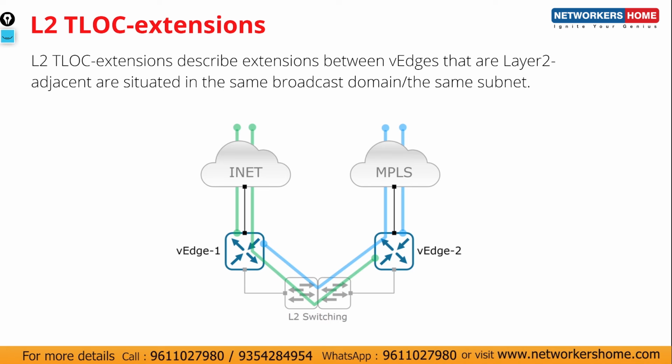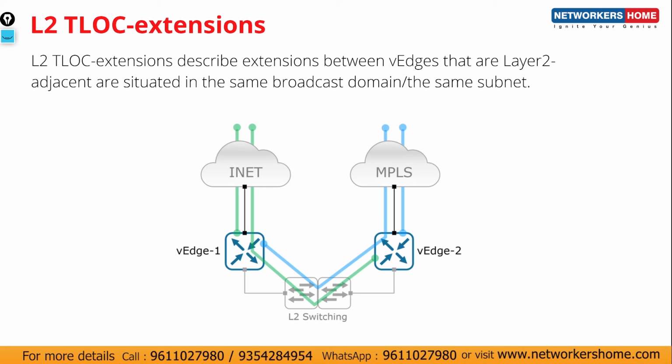They should be on the same L2 segment, which means there should not be a layer 3 device between them. They should be able to communicate with each other, like you have seen on Cisco ASA firewalls, where the failover interface is connected to each other, either using a switch or a direct interface. Cool. So this is your L2, and when we do the lab today, we are going to do L2 itself.